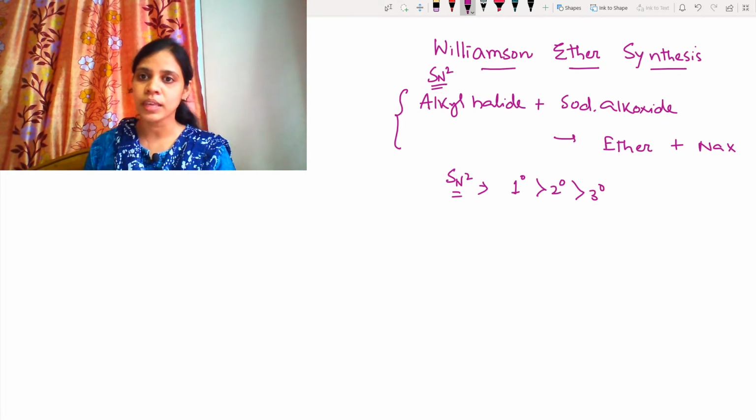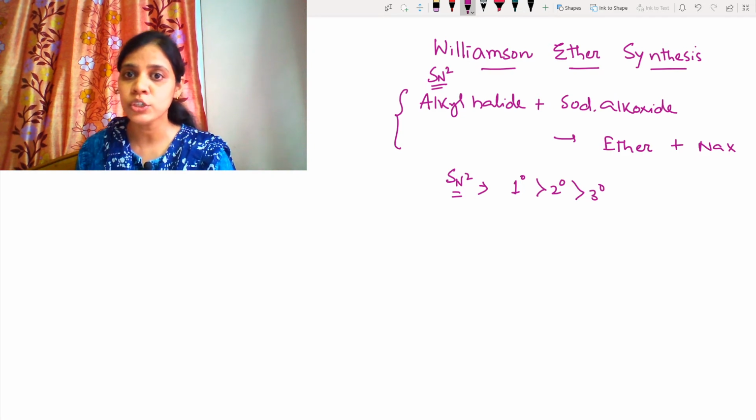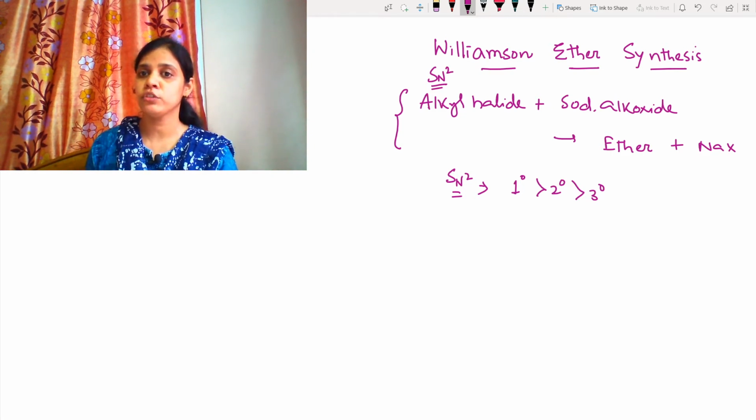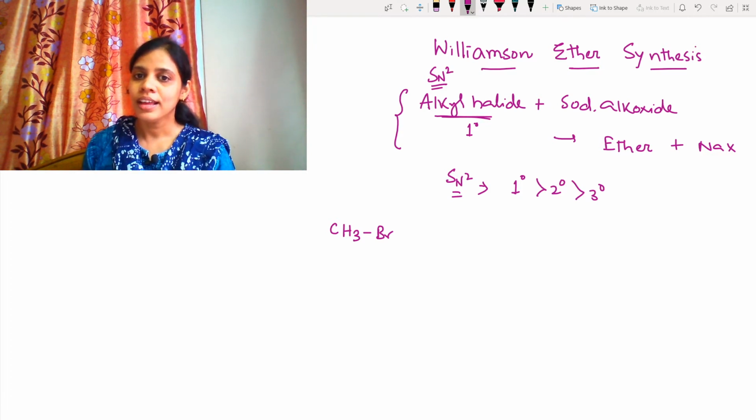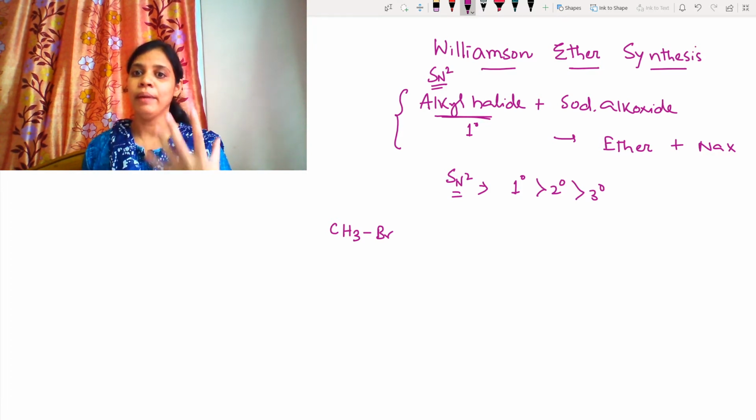So as this reaction follows the SN2 mechanism, the alkyl halide should always be 1 degree. For example, if I take methyl bromide, CH3Br, then also we'll get a better yield.